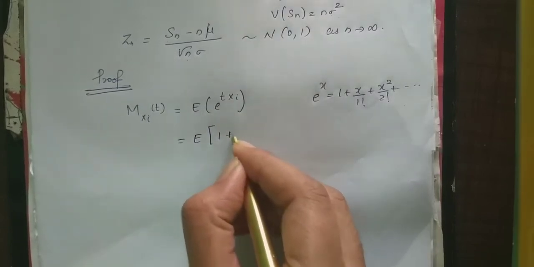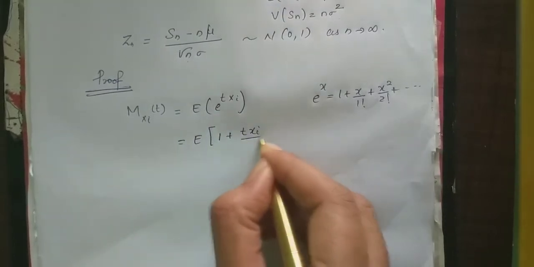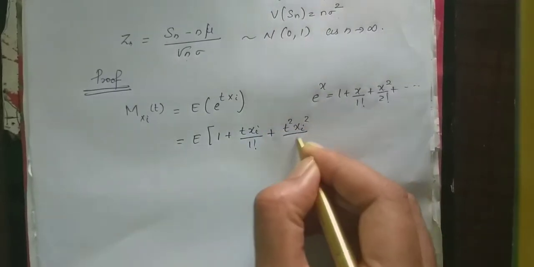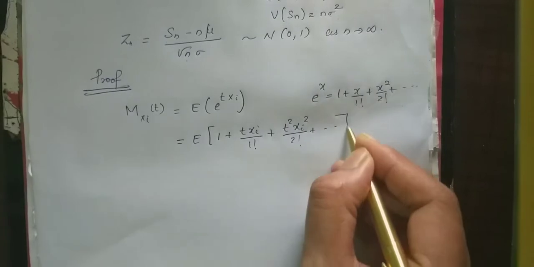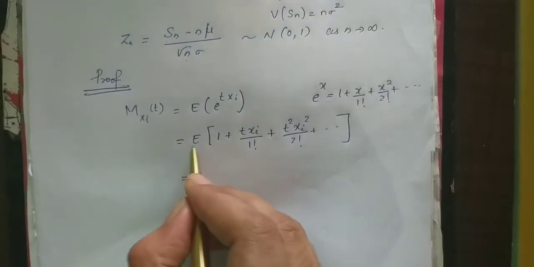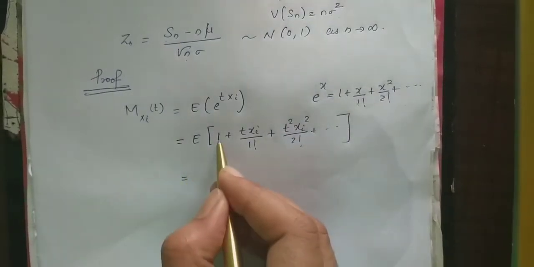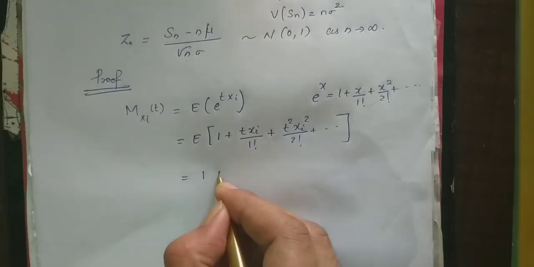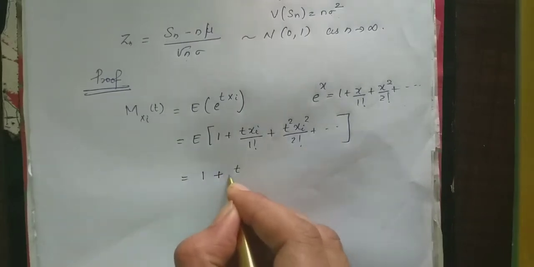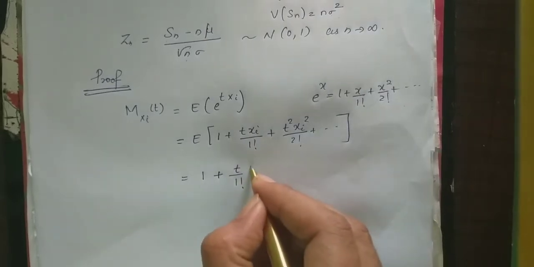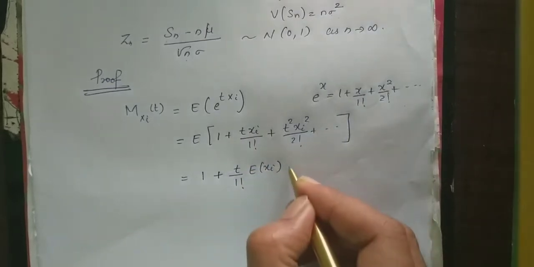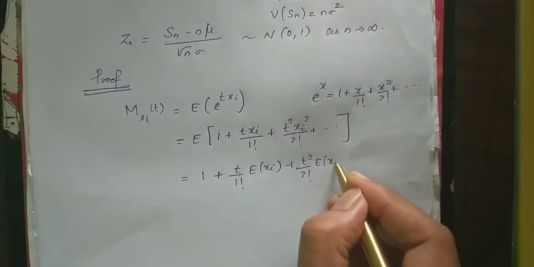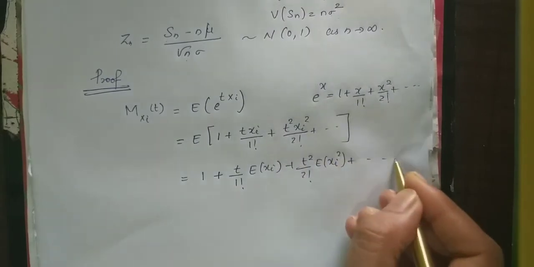It is 1 plus t xi by 1 factorial plus t square xi square by 2 factorial plus etc. If we take expectation for this, then expectation of a constant is the constant itself, so it is 1, and here t by 1 factorial into expectation of xi plus t square by 2 factorial into expectation of xi square plus etc.